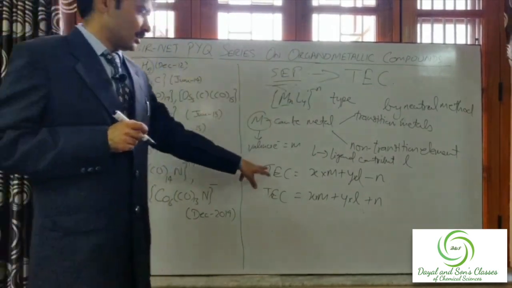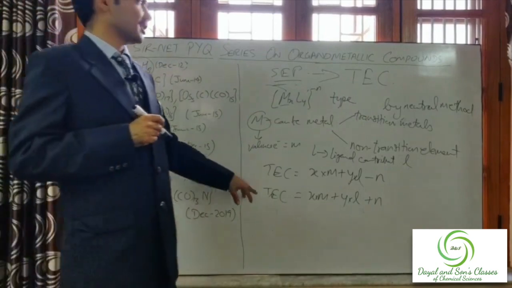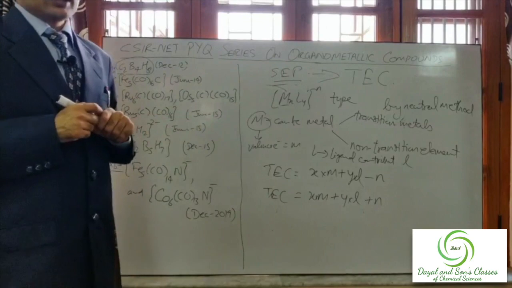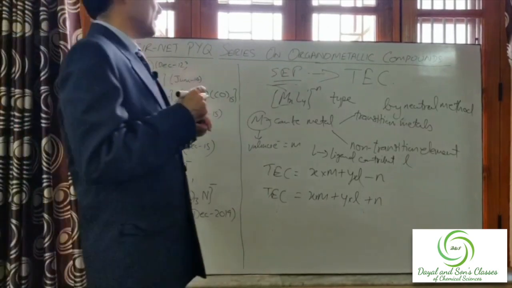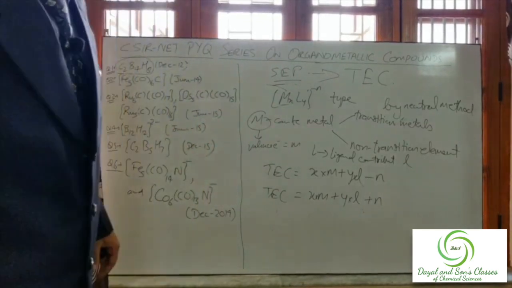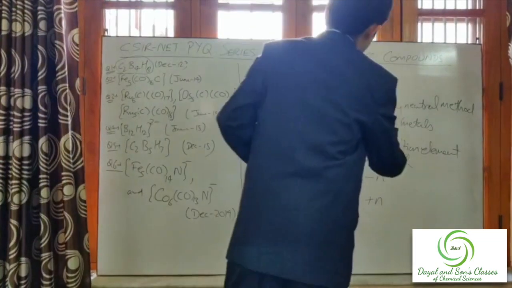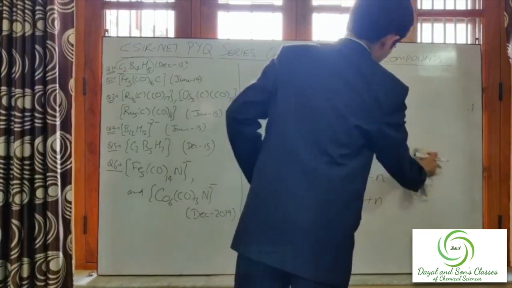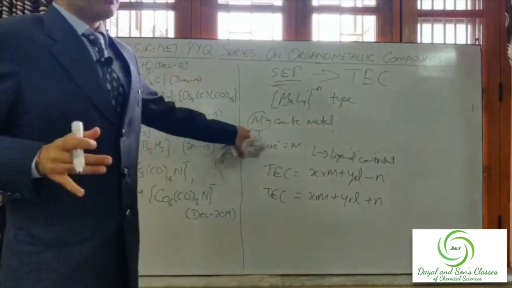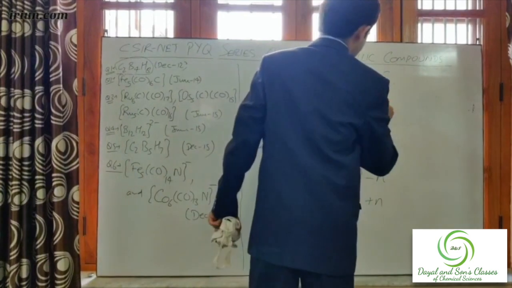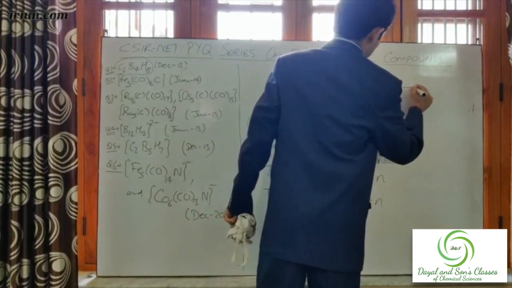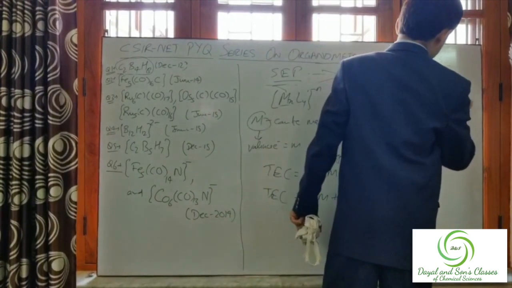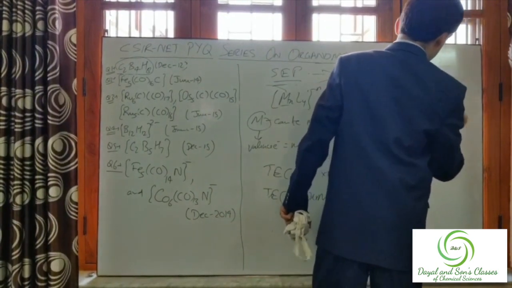Now once we know the TEC, the question is how to find this SEP. In order to find SEP, there is a very simple formula. In case this M is a transition element, then the skeletal electron pair is given by the formula (TEC minus 12 into n) divided by 2.